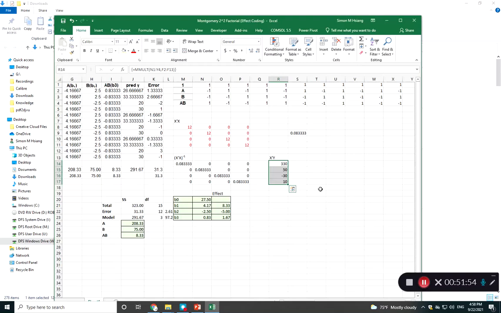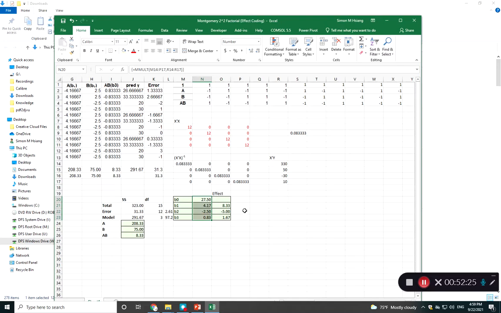And once you have the x transpose y calculated, okay, now you can use them to figure out what is your B0, B1, B2, B3. And B0 is, here is your beta, okay?